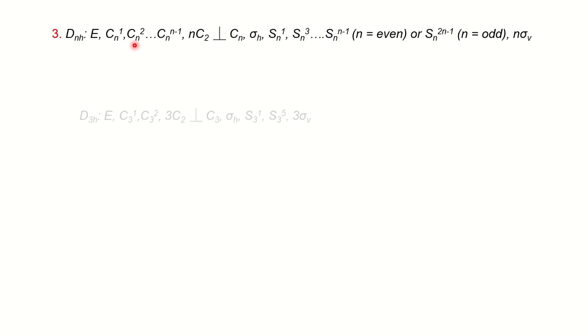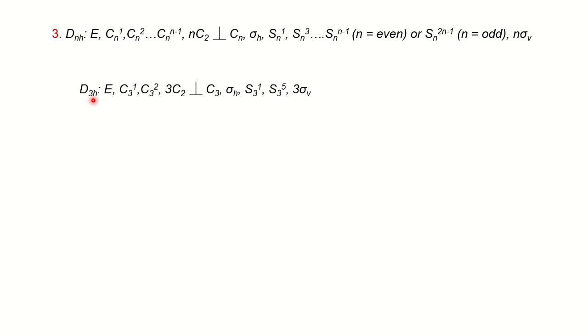Since we are talking about 3 here, 4n operations, 3 into 4 is 12. Total 12 symmetry operations should be there. You can count here 1, 2, 3, 6 and 7, 8, 9 and plus 3, 12 operations are there. Now we can just write down E using the above formula.